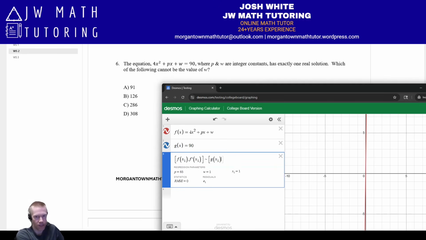This is basically a technique that you use in order to force exactly one real solution between the left side and the right side. Essentially it's like two equations now, like y equals left side, y equals right side. You're forcing exactly one real solution.